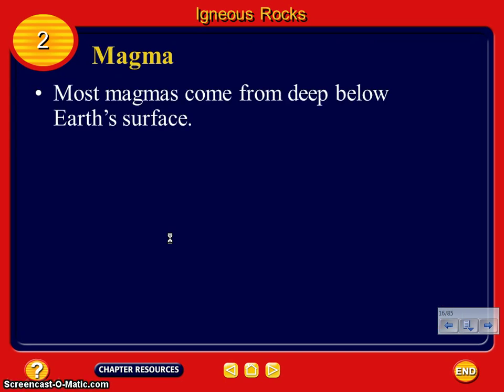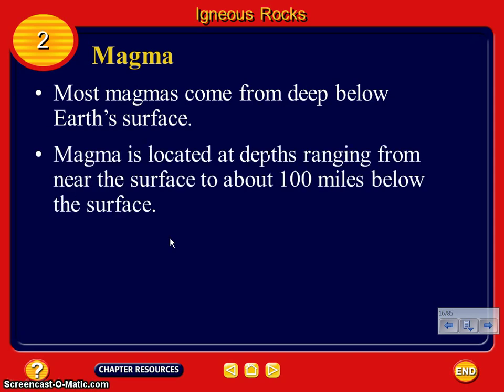Alright, so now let's take a look at magma. We're going to talk about it more in chapter 12 when we study volcanoes, but here are some interesting facts that you need to record about magma. First of all, most magma comes from deep below the Earth's surface. Magma is located at depths ranging from near the surface to about 100 miles below the surface.